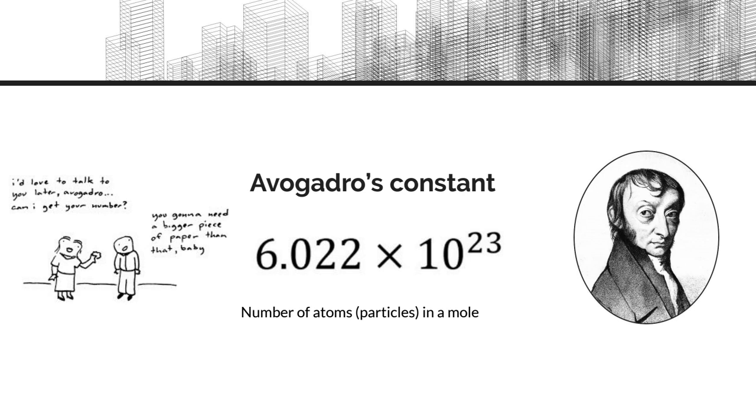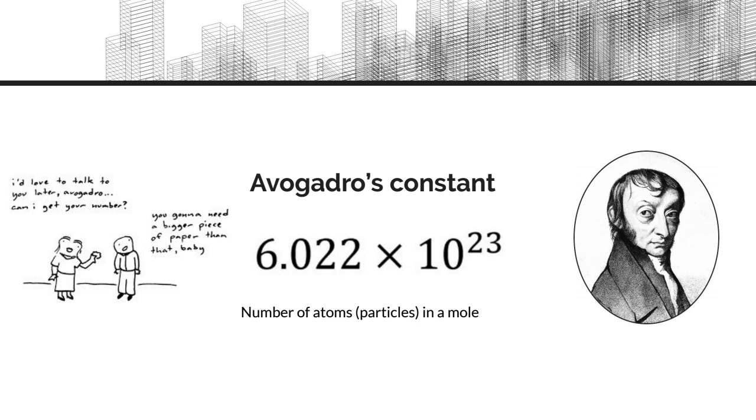Avogadro's constant is just that. It's a number. And what does it mean? It's the total number of atoms or particles that you'll find in a mole. So if you come across a mole of a substance, say a mole of oxygen or a mole of carbon, then the specific amount of particles, atoms, that are in that mole of the substance is equal to 6.02 times 10 to the 23.